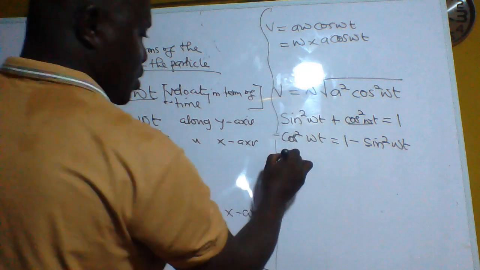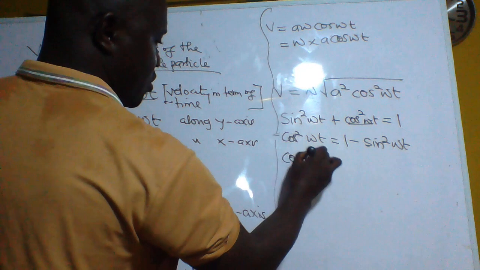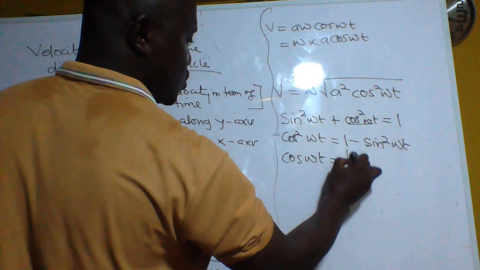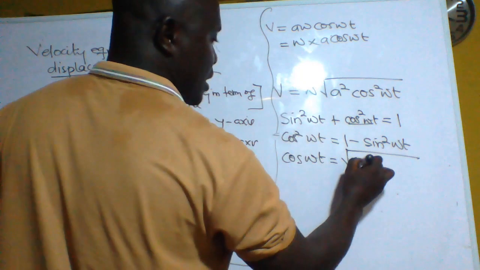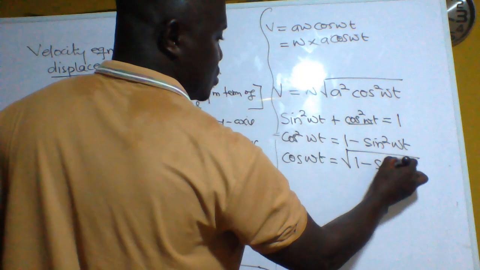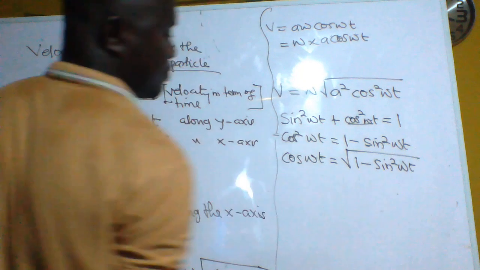Cos omega t is therefore equal to the square root of 1 minus sine squared omega t.